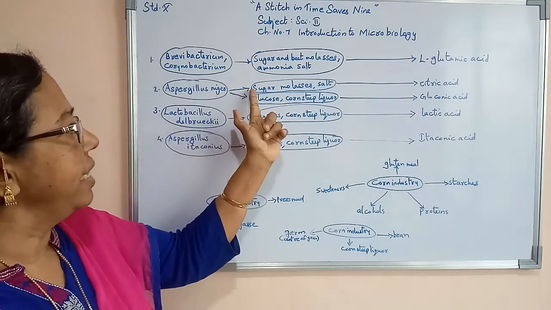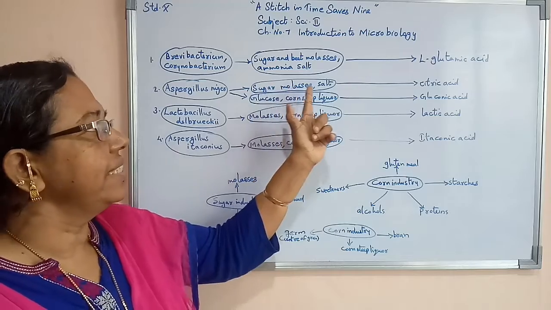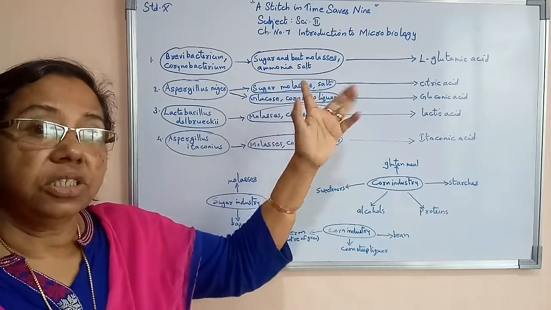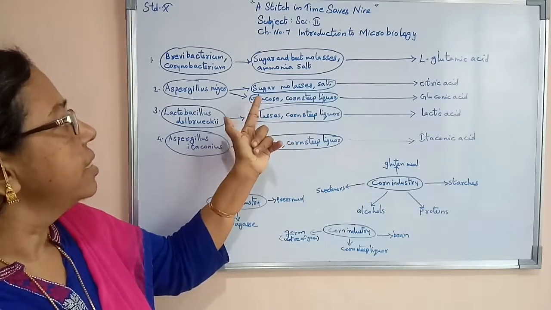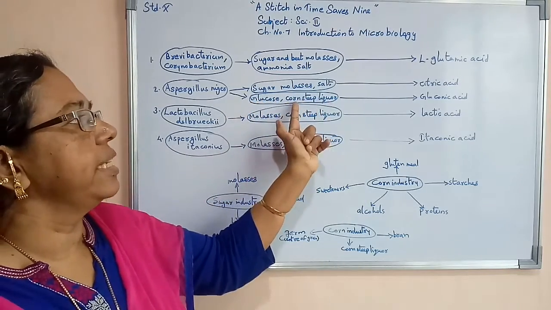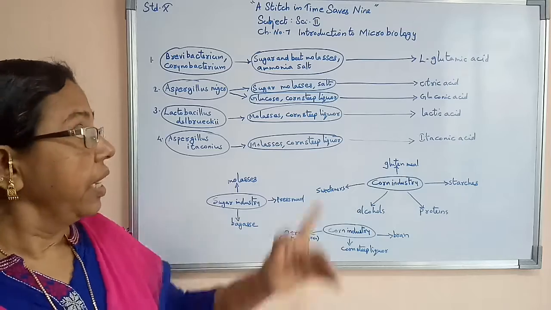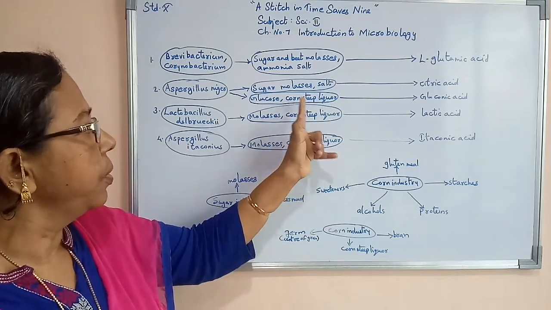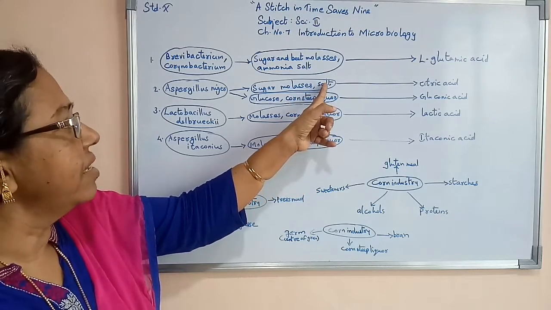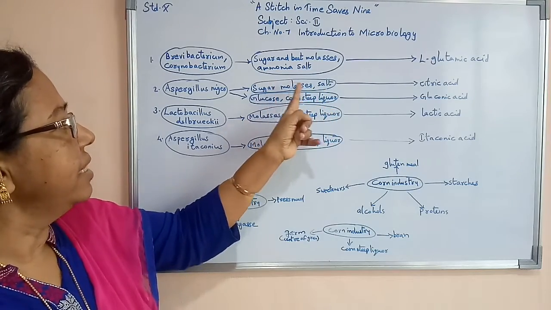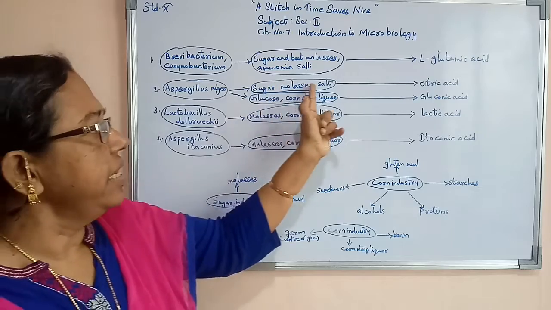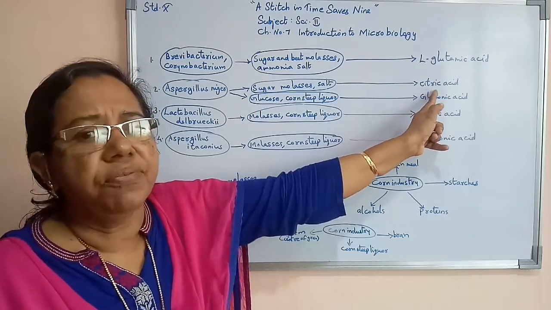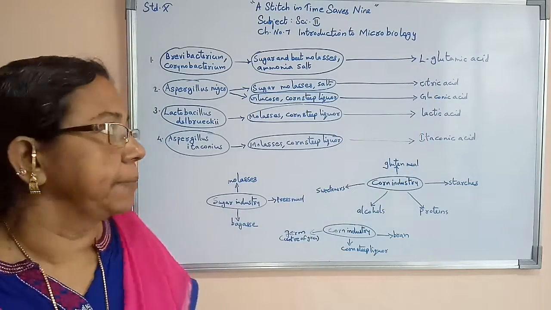It can grow either in sugar molasses as well as salt, or in glucose as well as corn steep liquor. Now what is corn steep liquor, I will tell you. Before that, Aspergillus niger growing in the salt or sugar molasses is helpful for the production of citric acid.